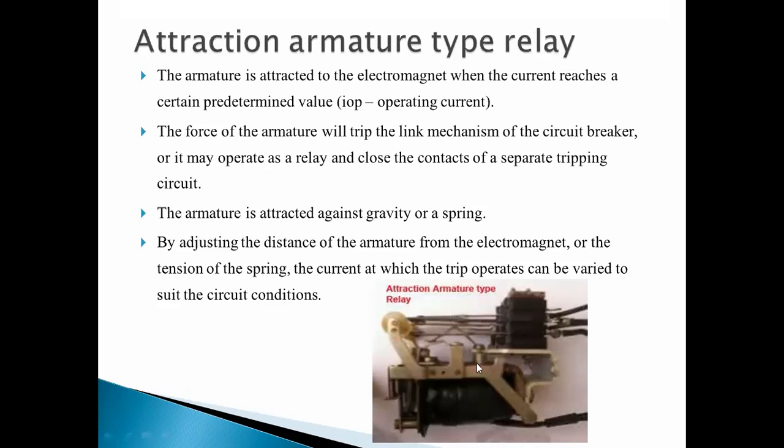Here the construction is the same. You can see the spring which is holding that arm in the normally open position, and when the fault occurs, the contacts get closed.